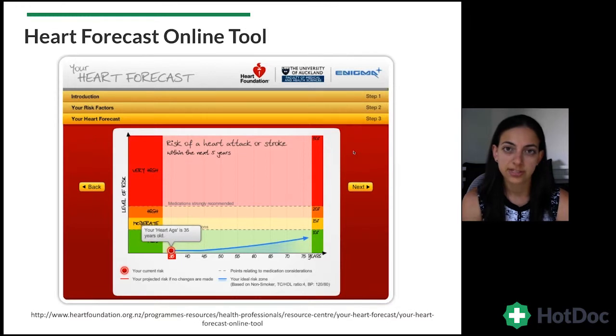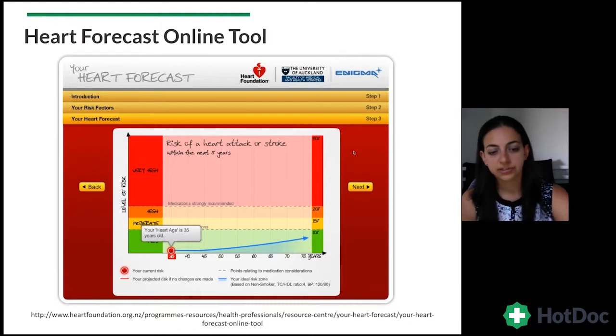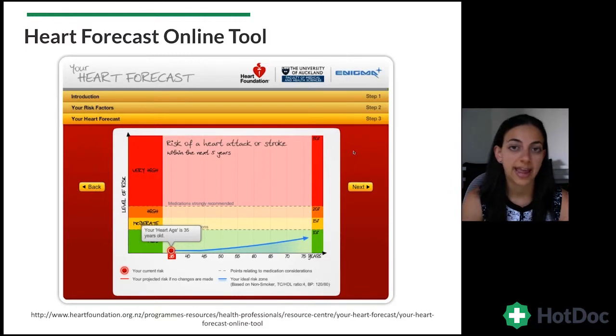What the Heart Forecast tool does is you plug in the values of the risk profile, or the modifiable factors, all the different risk factors, and it'll walk you through not just what your risk level is, but it will take you further to give you recommendations and also tell you what your heart age is.